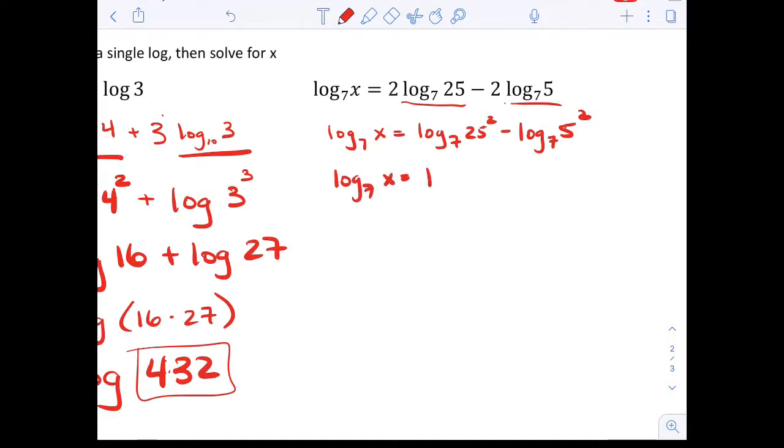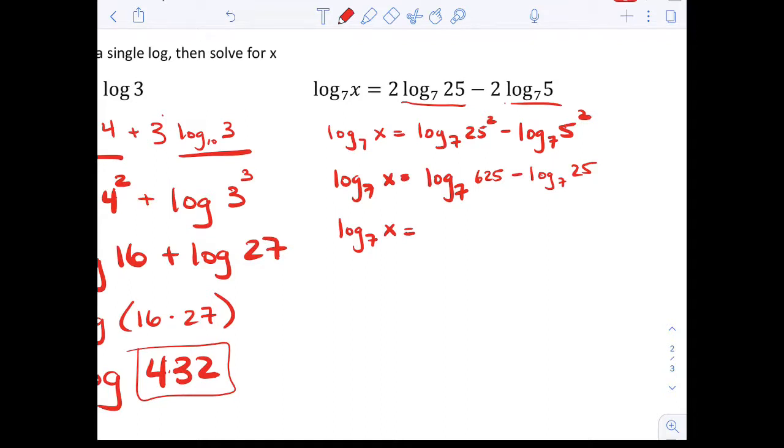So when I put in my calculator 25 to the power of 2, we end up getting 625, minus log 7, 5 to the power of 2 is 25. And we keep going. We're subtracting those two logs together with the same base.